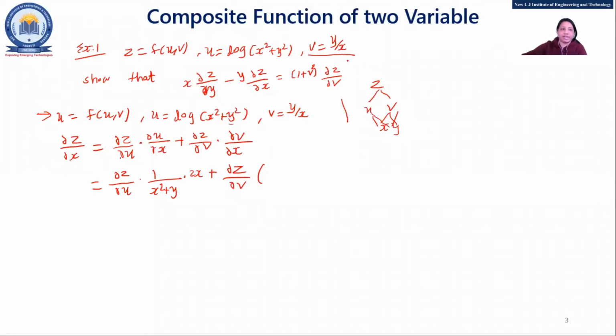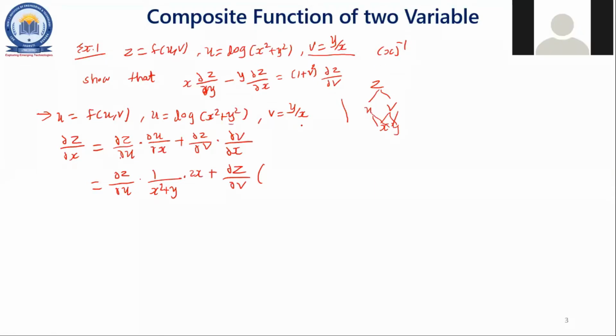You have to differentiate it with respect to x, so you have to consider it as x raised to minus 1. What is the differentiation of this? Minus 1 upon x square, and y is a constant, so that will remain as it is.